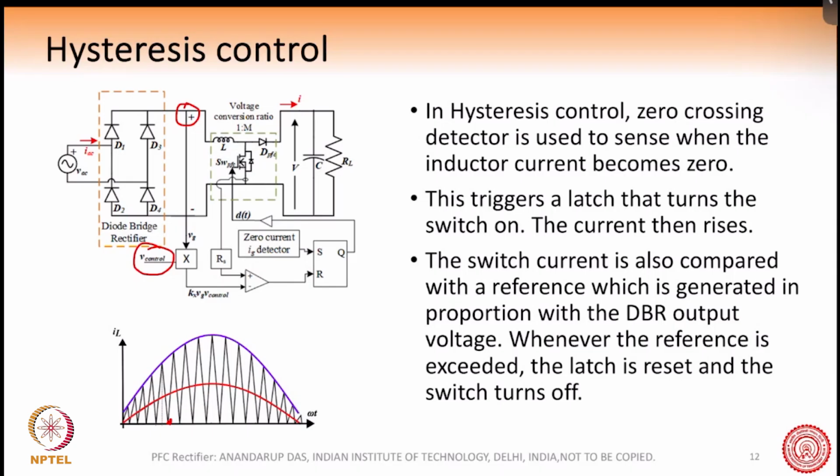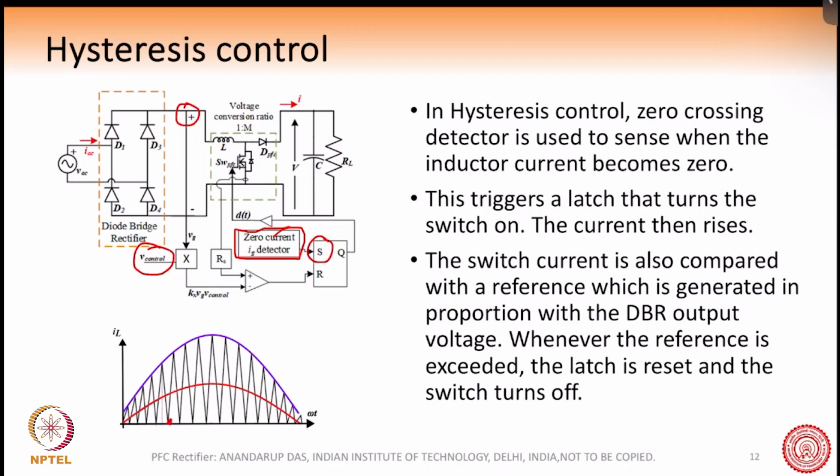This is the zero current detector. The current through the inductor is sensed, and it is found out when it is going to zero. When it is reaching zero, then a latch is turned on.